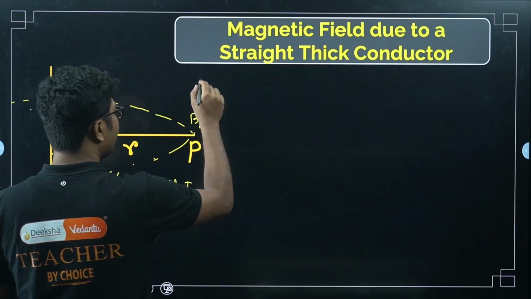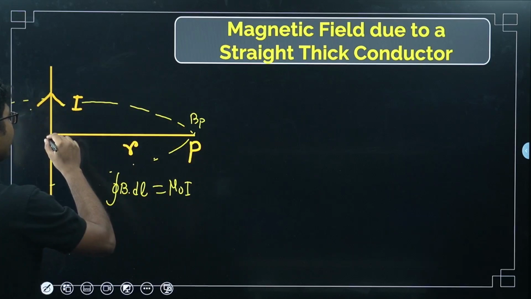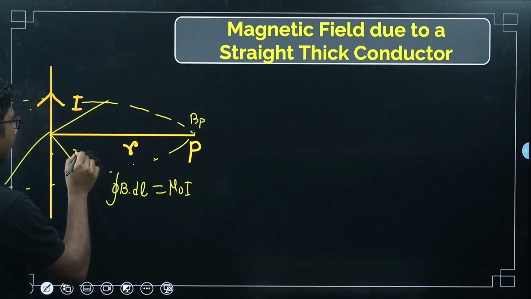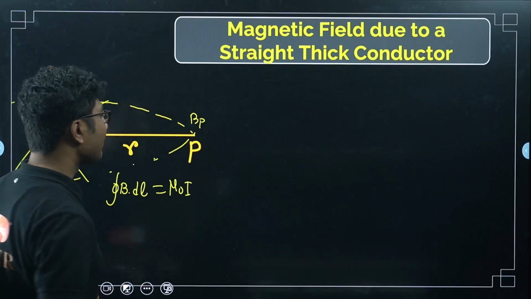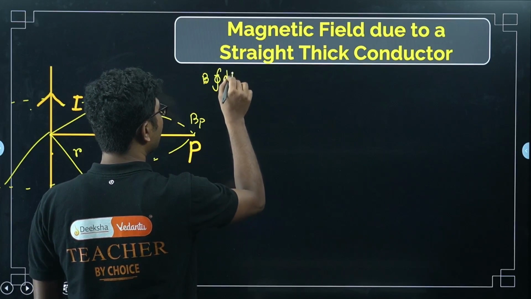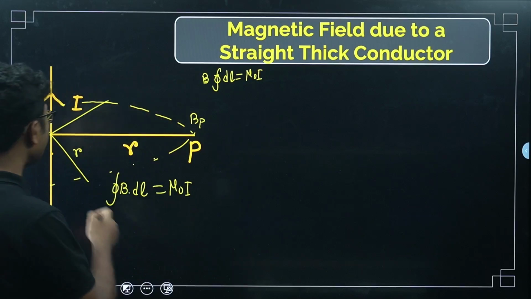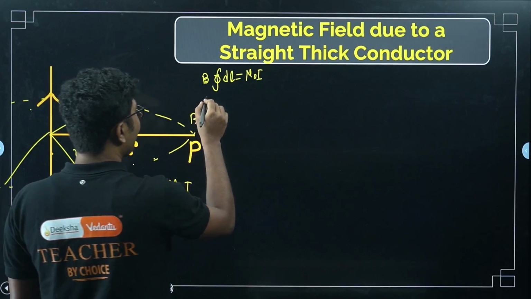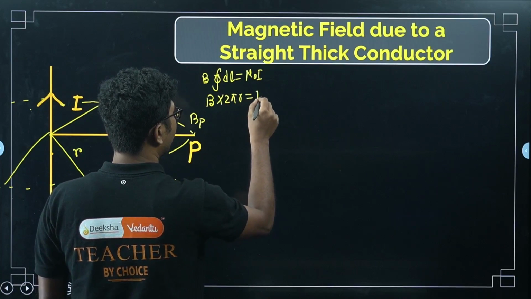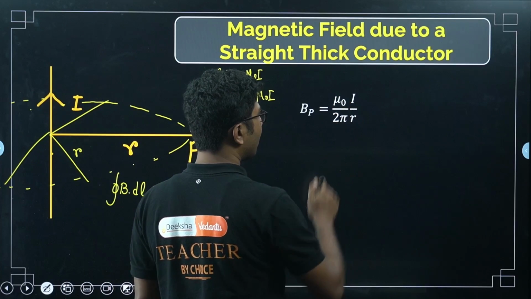Because of symmetry, all the points on this circle are equidistant from the wire, so the magnitude of the magnetic field is constant and comes out of the integration. dl is basically the perimeter, and for a circle it is 2 pi r. So we find the final value as mu naught by 2 pi times I by r.